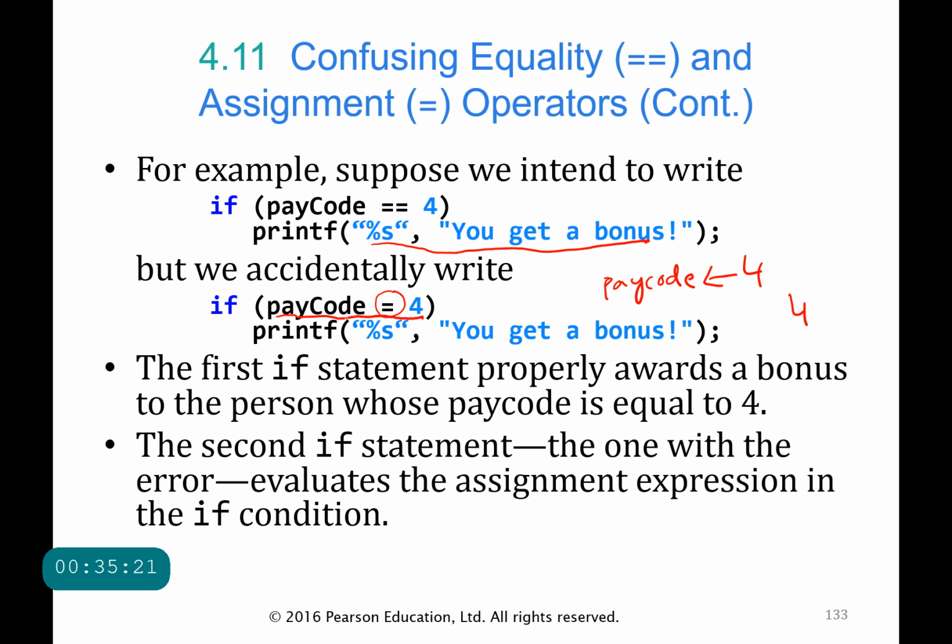So pay code is always going to be true, and all your employees will always get a bonus. You will run out of money very soon. So remember this, two very different things between the assignment and the equality operator.